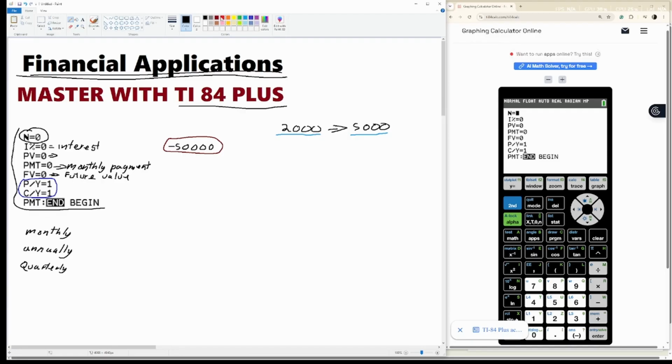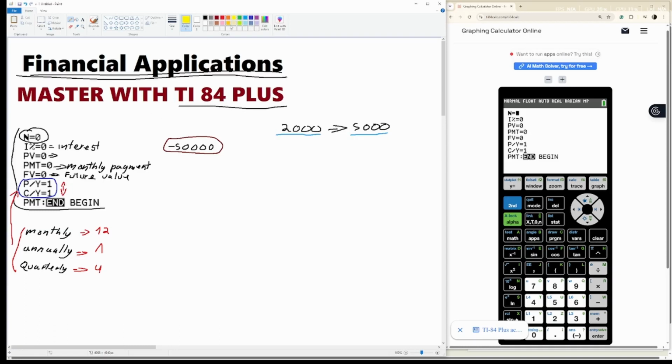So basically, in these two slots, you put how often the interest is compounded. Monthly means that in a year the interest is compounded 12 times. Annually means that it's compounded 1 time, and quarterly means that it's compounded 4 times. So you can just choose whichever it is. And P/Y and C/Y always have to be the same.